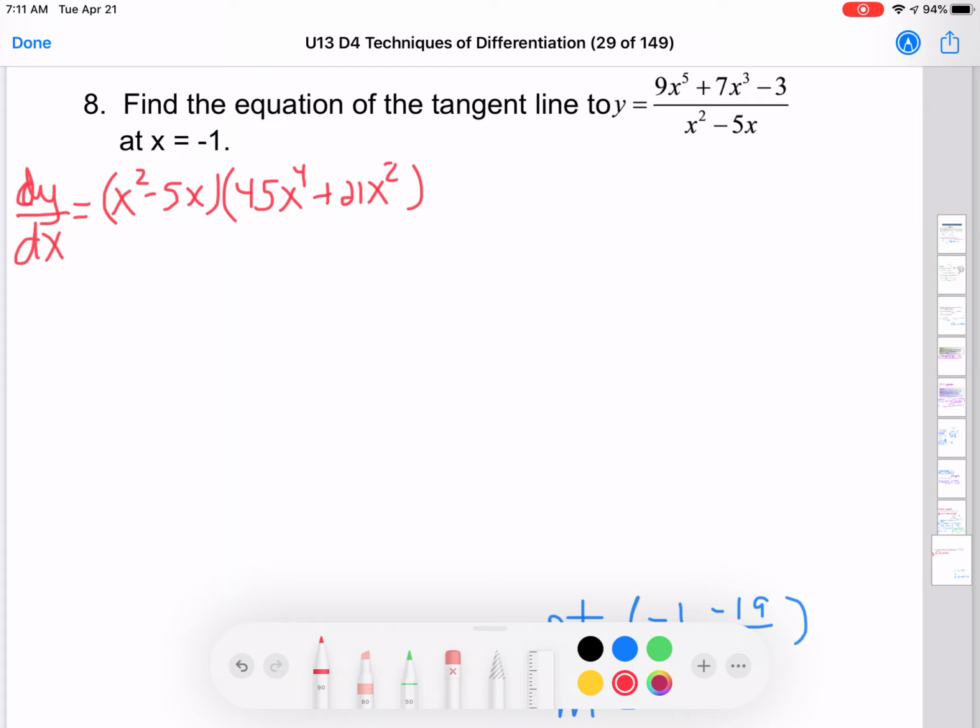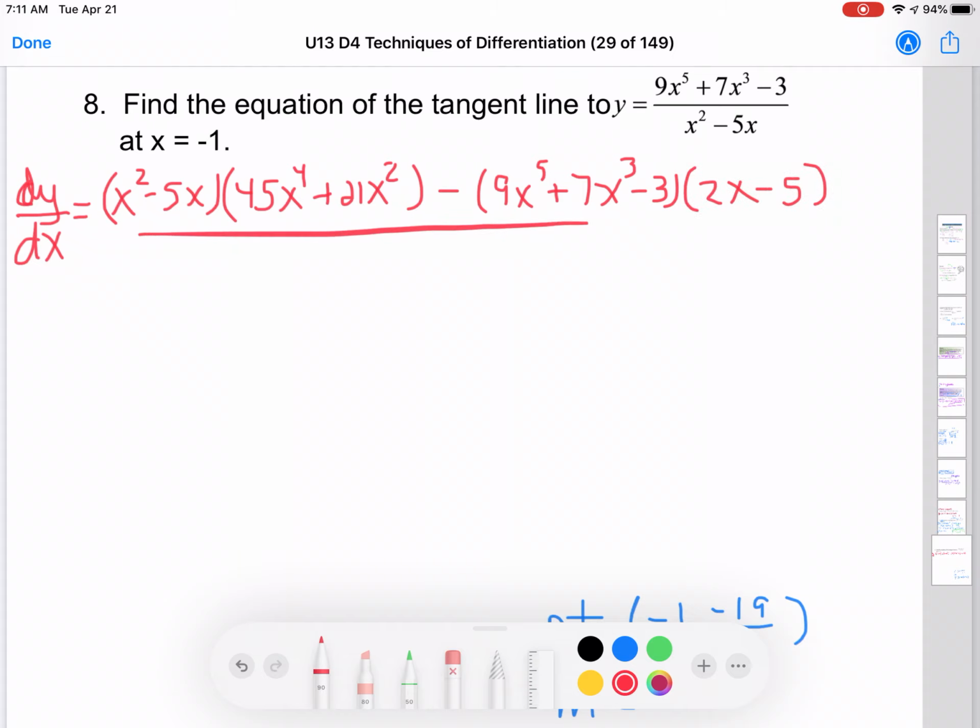Okay, so bottom d top minus top d bottom, all over bottom squared.